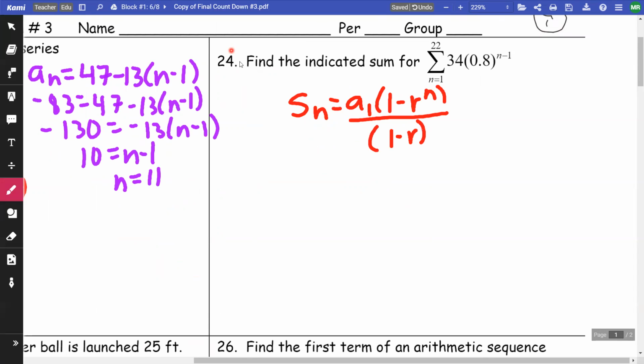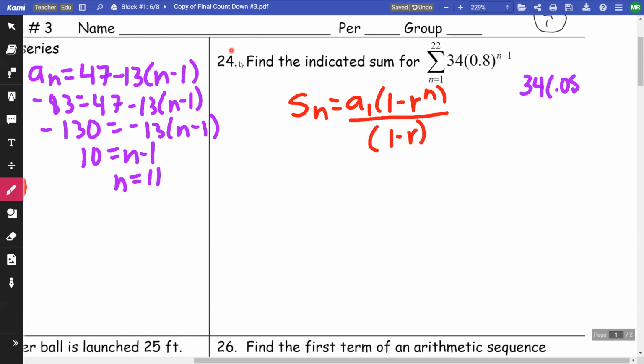Now, in this case, I have all my information. I just need to plug it in. So I need to know my first term. Since this is an n minus 1, this 34 is my first term, but you can always plug 1 in to find it if you need to.